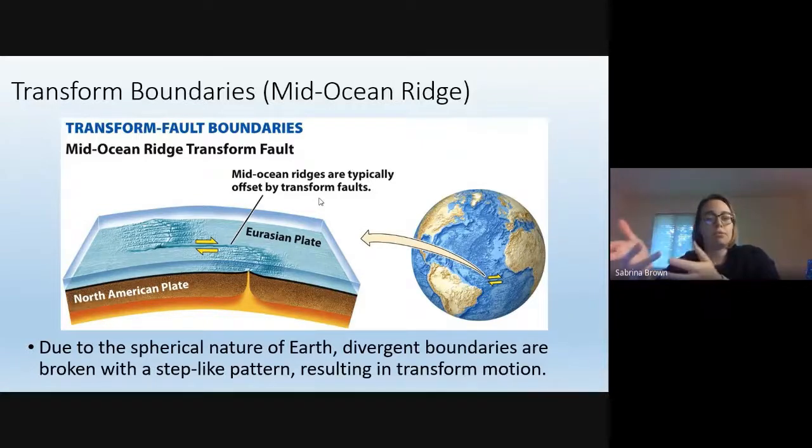And so because Earth's a sphere, divergent boundaries have to be broken into sort of this step-like pattern, and you get some transform motion occurring at your mid-ocean ridge as well. But overall, again, your mid-ocean ridge is largely a divergent process with these transform faults sort of offsetting where the mid-ocean ridge is.